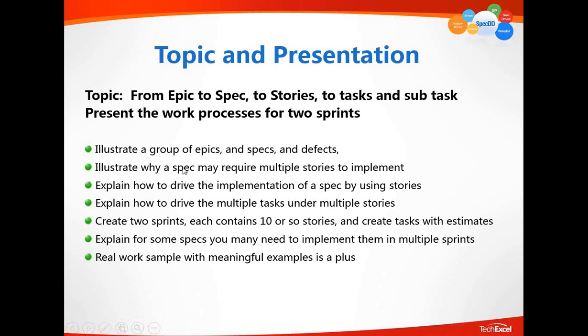I would like you to use slide number 1 to show your defect backlog or product backlog. And this is your requirement that contains, say, 10 epics, and then use maybe 1 or 2 epics to break them down into specs, and then assign them as stories to Sprint 1 and to Sprint 2, and then break the stories into tasks.